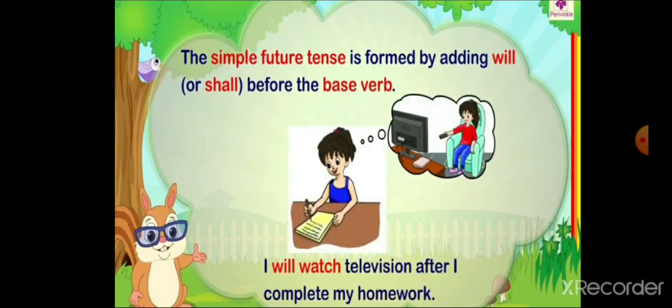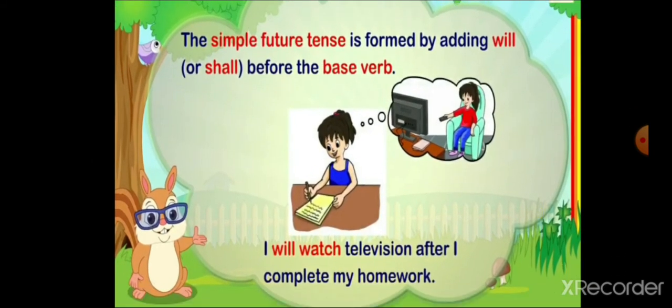The simple future tense. Now we will talk about the simple future tense. The simple future tense is formed by adding will or shall before the base verb. If we talk about simple future tense and if we want to change any sentence into simple future tense, then we have to simply add will or shall before the base verb.